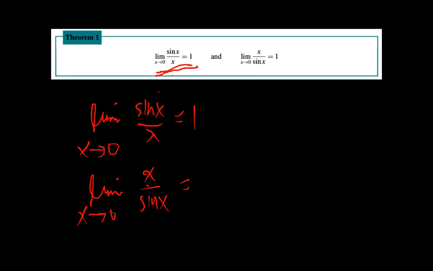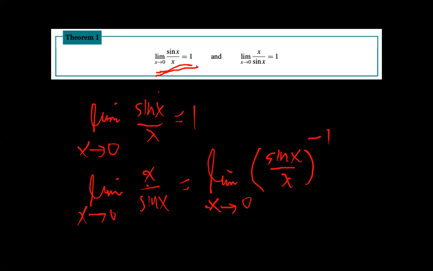This could be rewritten by reciprocating the numerator and denominator of the expression. So we have sine x over x raised to -1 as x approaches 0.